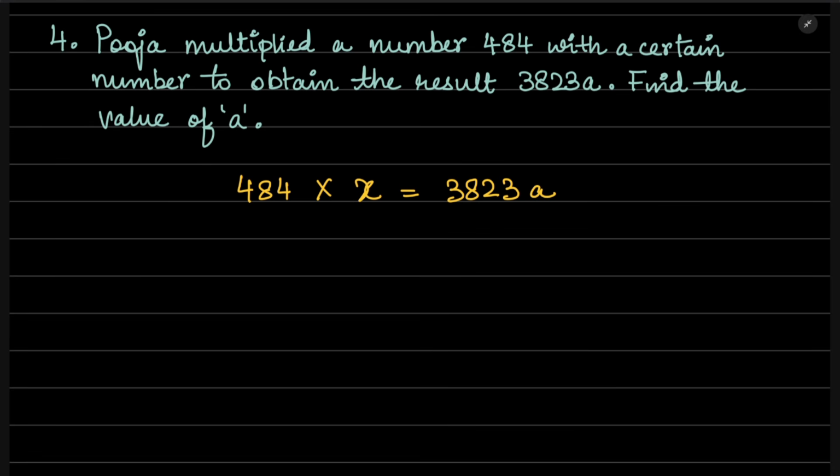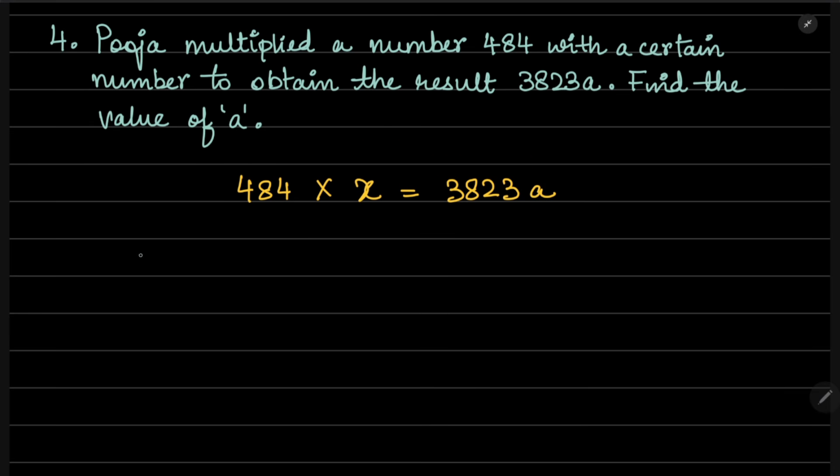Now, what does it mean when you say 484 multiplied by some value is giving you 3823A? That means 484 is a factor of this number, whose unit digit is unknown and you have to find out.